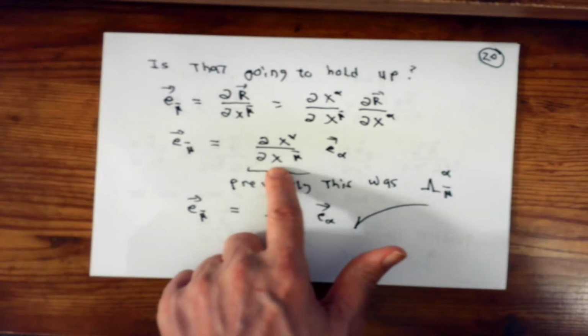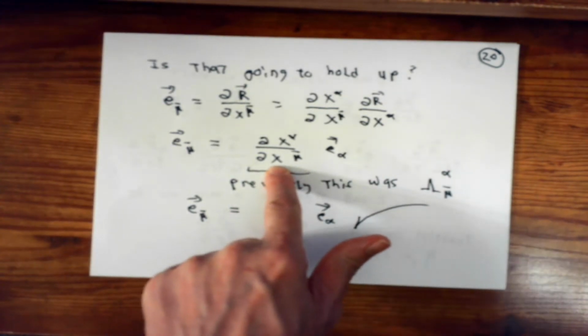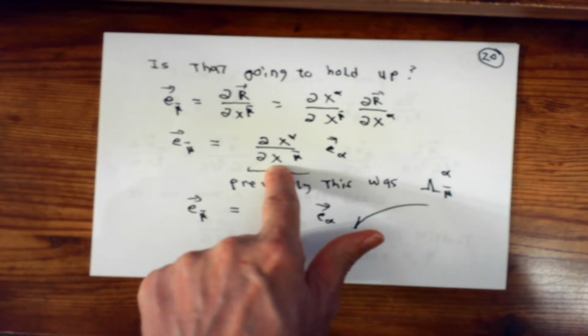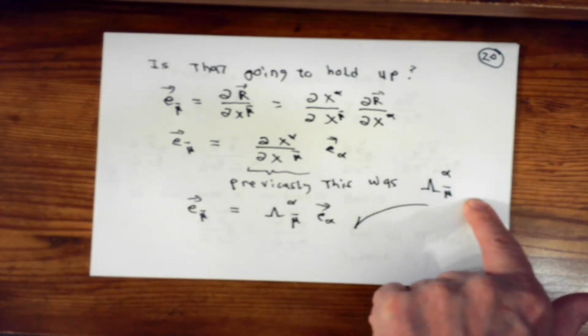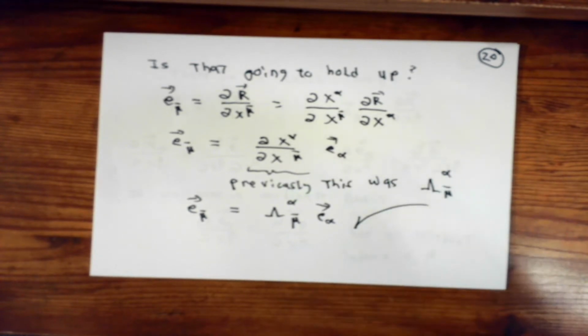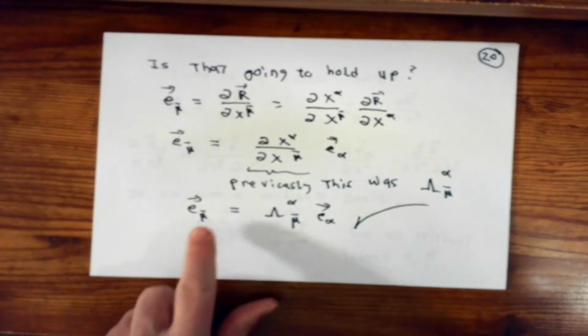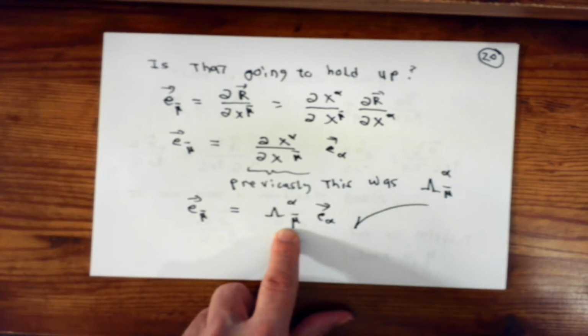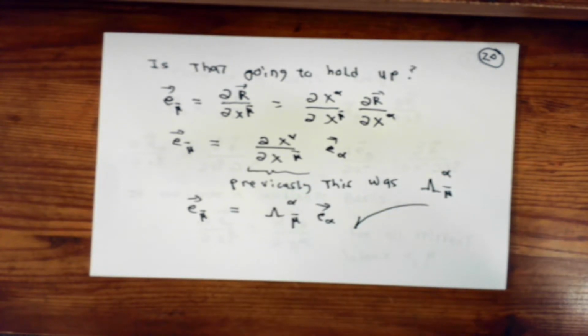This quantity, partial of x alpha with respect to x mu bar, is, in this simple linear case that we've been looking at, lambda alpha mu bar. So this new idea tells me that E mu bar is lambda alpha mu bar E alpha, with the understanding that alpha is an index of summation.